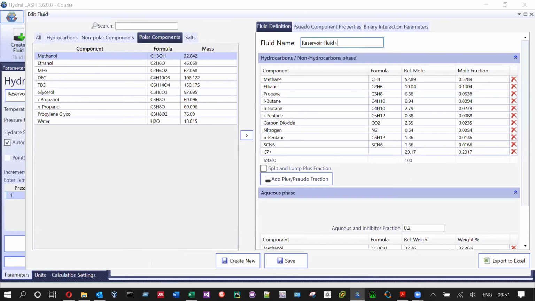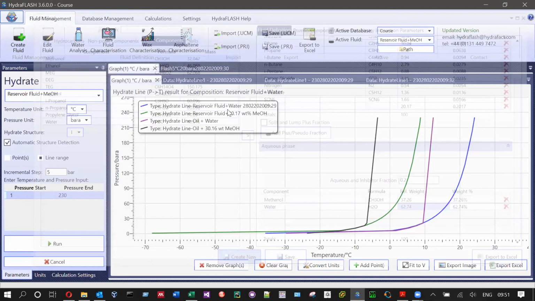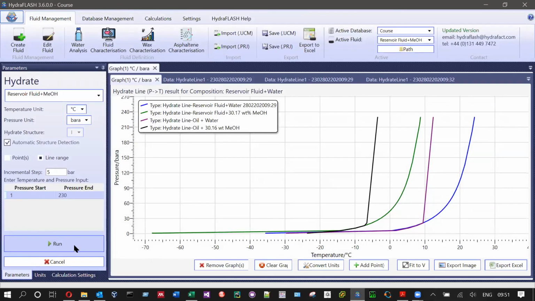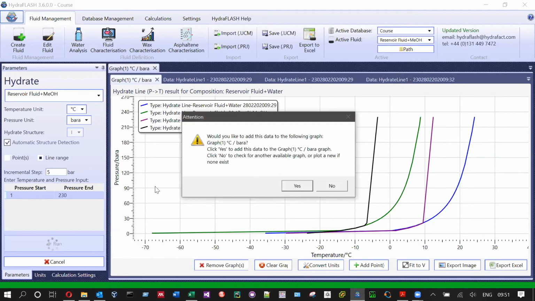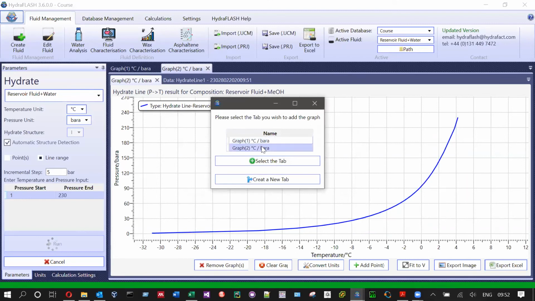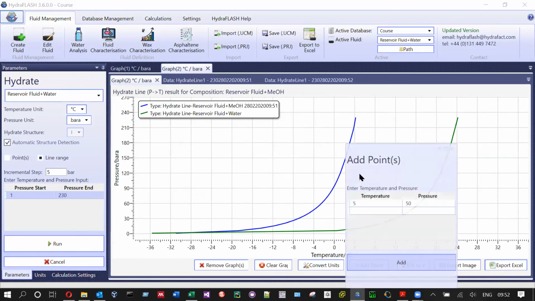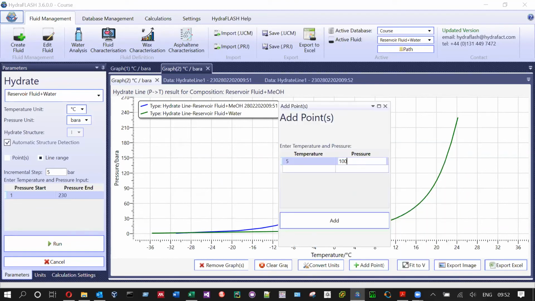And wash, and then create new, and then I can compare the hydrate phase boundary of the system. I want a new graph, so this is this one, and then raw fluid and water to graph 2. Okay, so at 5 degrees and maximum pipeline pressure, 100 bar, let's see where we are.